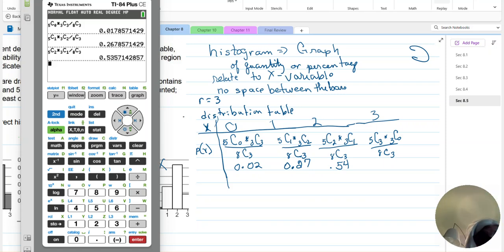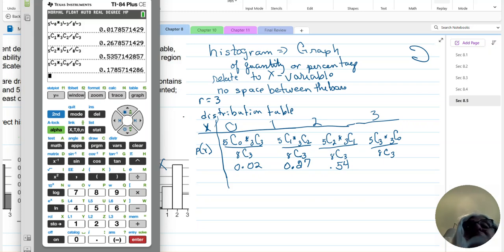And then I'm going to have the last one, second entry, and I'm going to do 3. Good. I'm going to do 0 there.